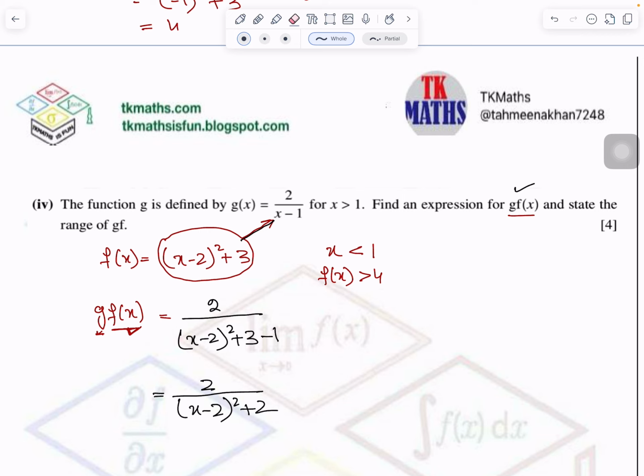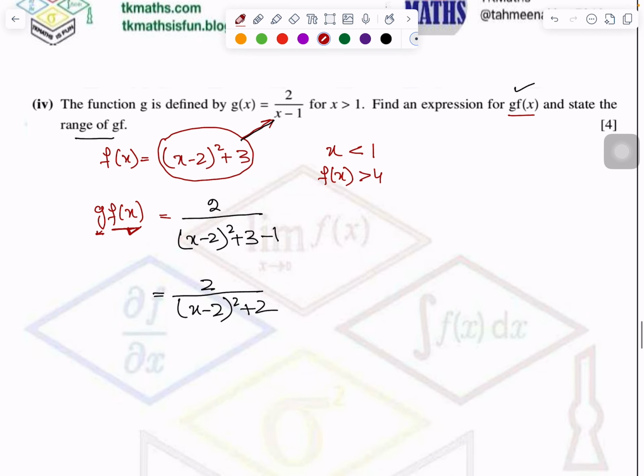Now you have to state the range of g of f of x. Now this part, we know that in g of f of x, whatever is the range of f, which is this, will become the domain of g.